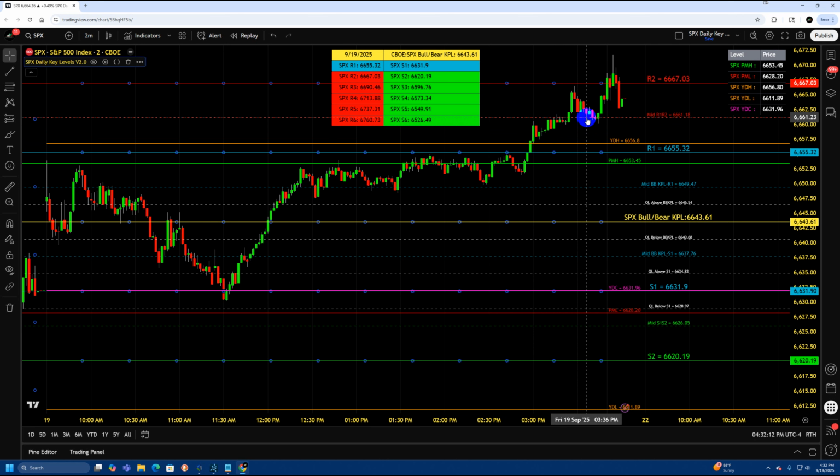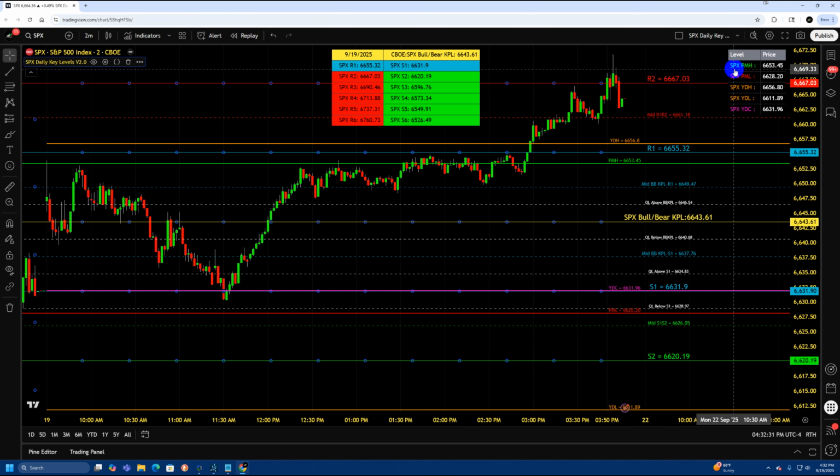So that would be 2.5 levels above. So the move from here to here is 1 level, 1.5 levels, 2 levels, 2.5 levels, and finally here at R2, that would be 3 levels above your entry.